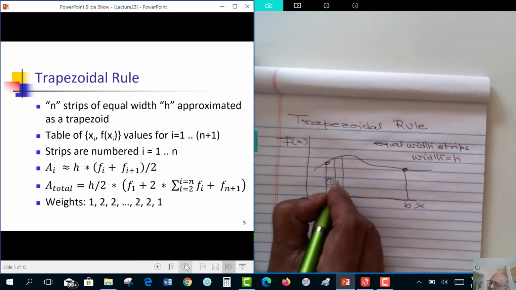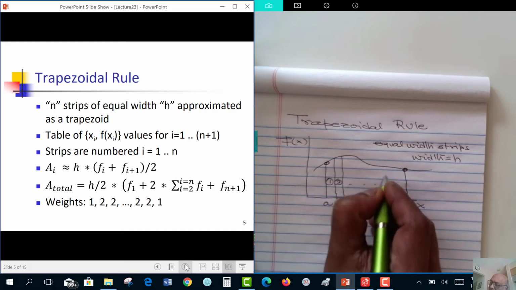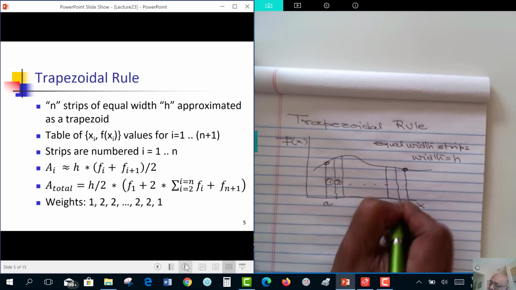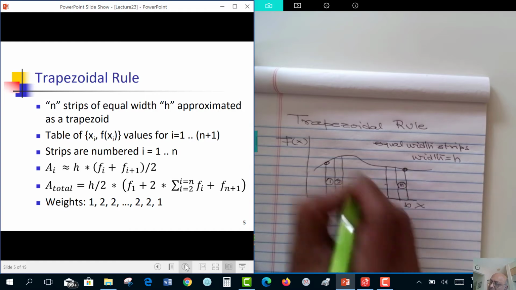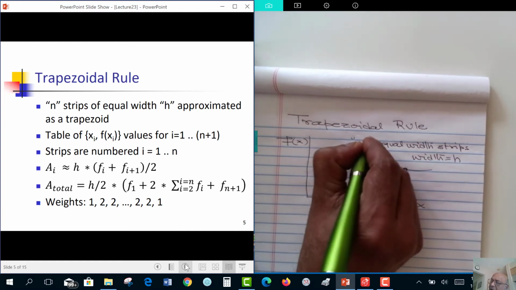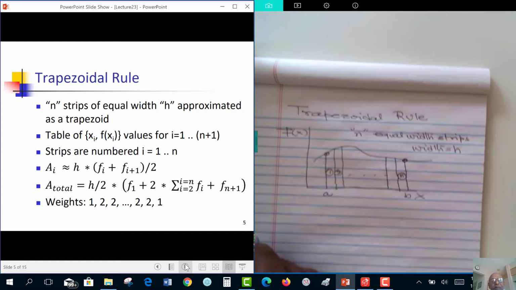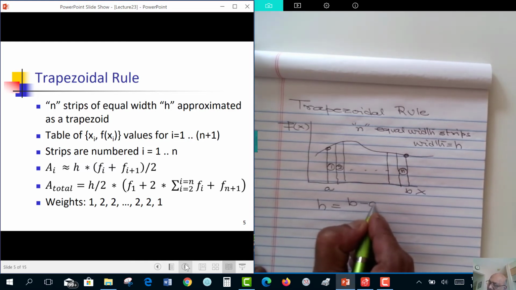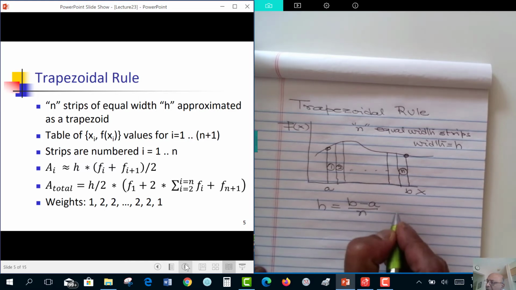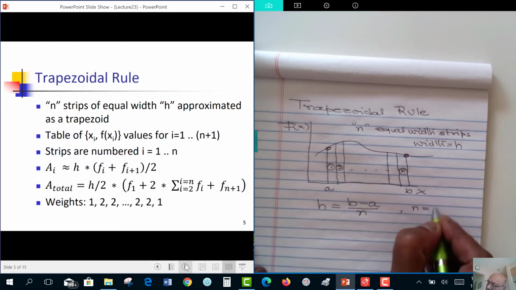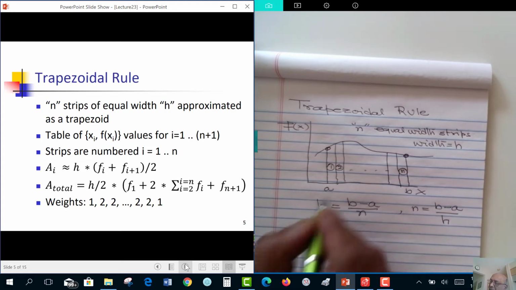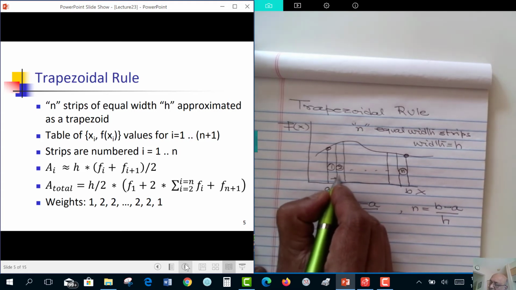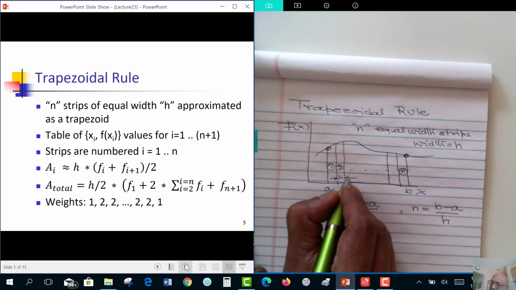So we number them 1, 2, on and on, and the last strip number is n. So we have n equal-width strips. Obviously you can see that h is going to be (b minus a) over n, and vice versa, n is going to be (b minus a) over h. So this is our strip width.